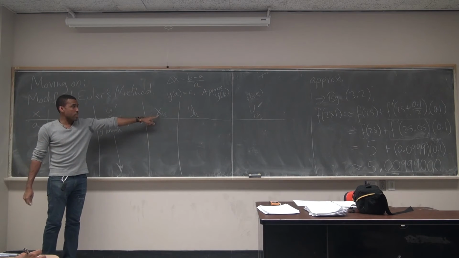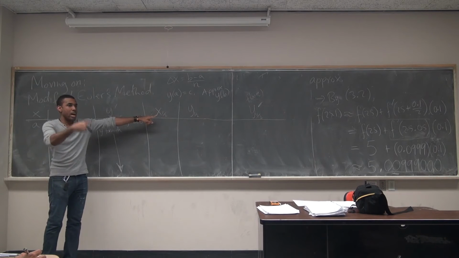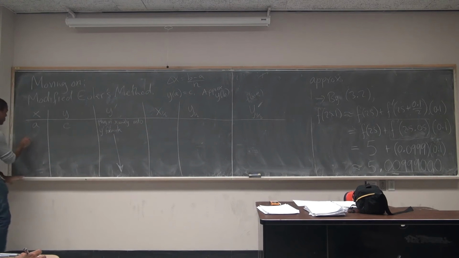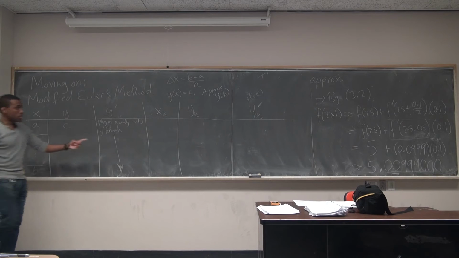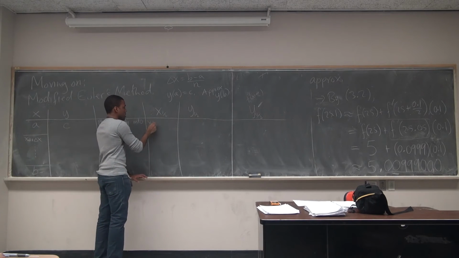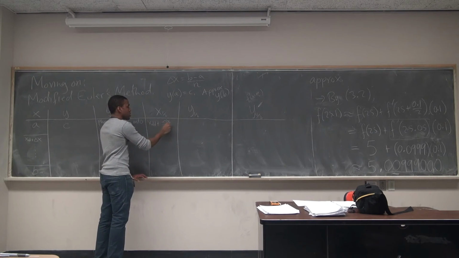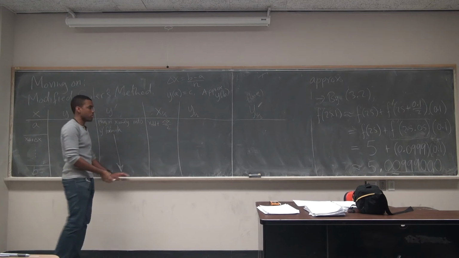Then you're going to move here. What is x of a half? It's the x value you get by taking half of delta x step. So remember, for these, you keep adding delta x. So it's x old plus delta x, and you keep doing that until you hit b. Right? Keep adding delta x. Here, you're going to have x old plus delta x over 2. You're adding the half step, right?